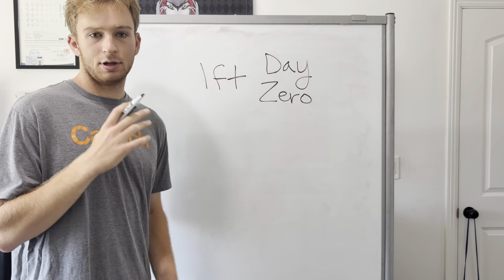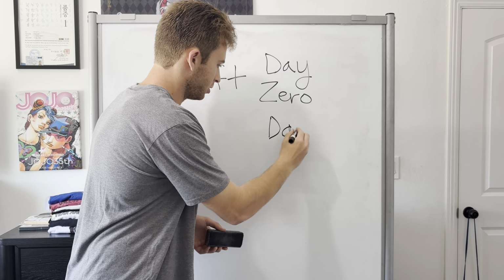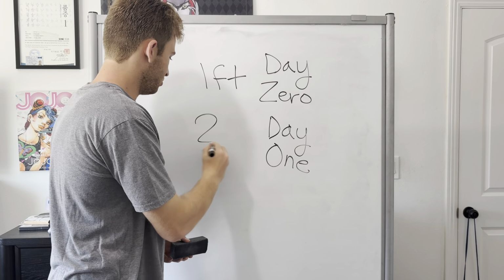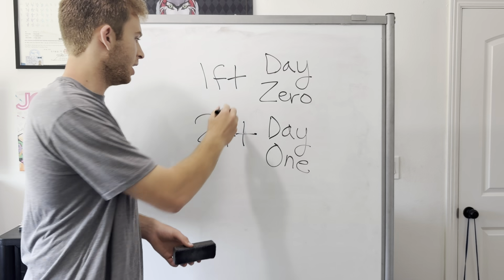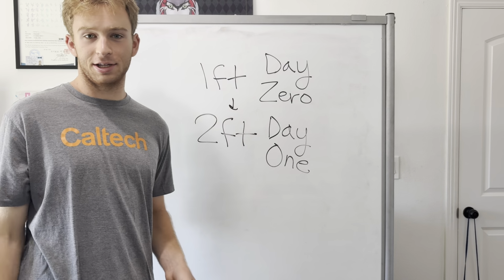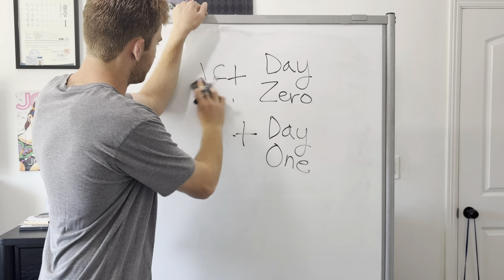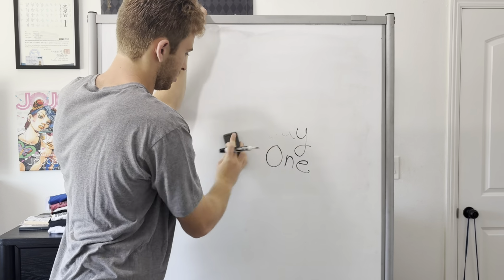And so next I want to go to the second day. So day 1. And so it's going to be 2 feet. And each consecutive day, it's going to multiply by 2. And so we can model this by graphing.